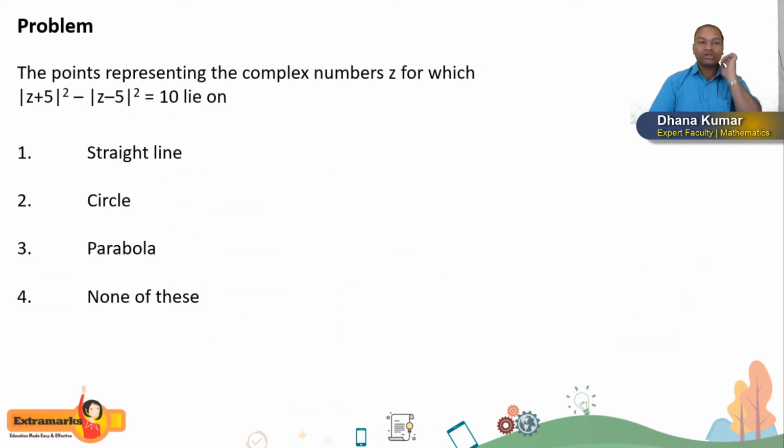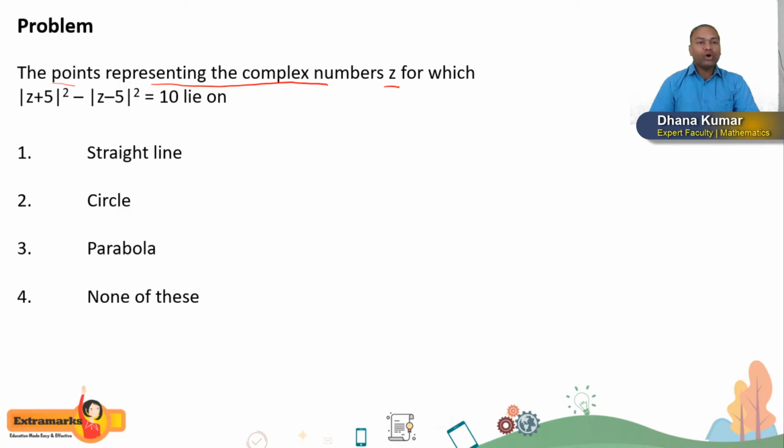Locus problems. See here, the points representing the complex numbers z for which one equation is given lie on dash, meaning the locus of z is dash. First option straight line, second circle, third parabola, fourth option none of these. Okay.